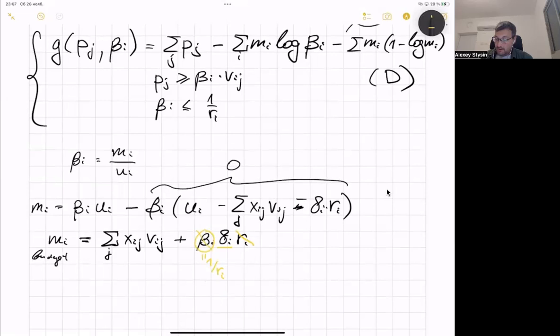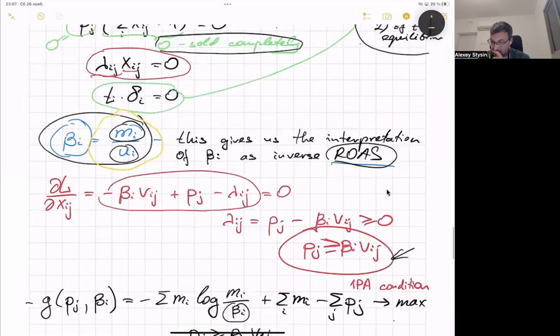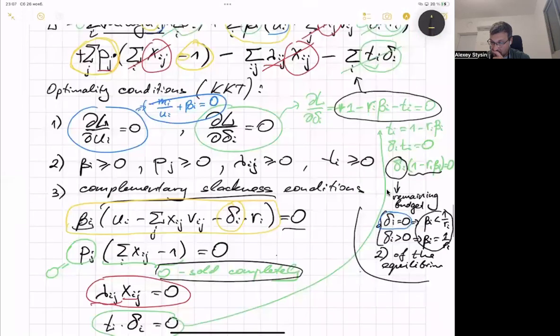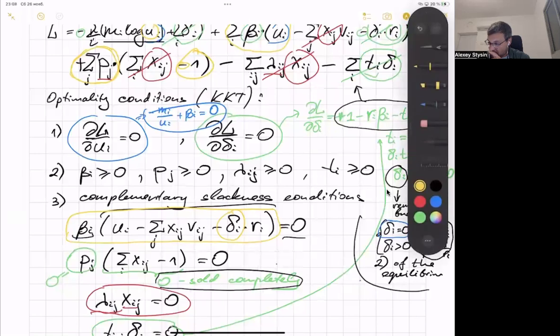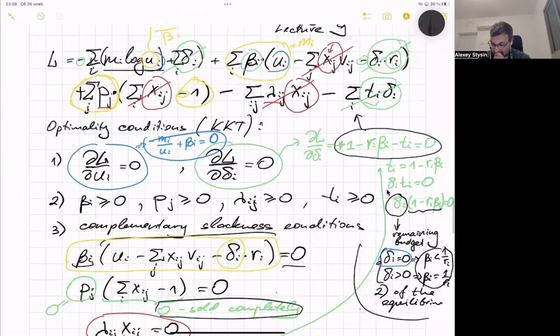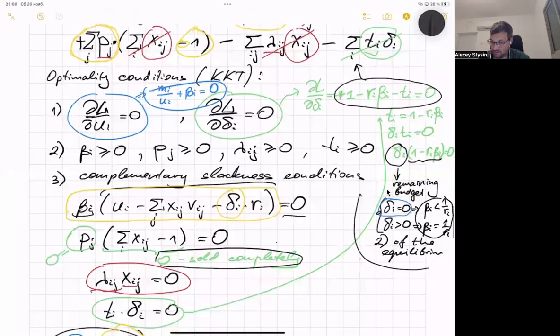We get that this is the sum. Okay, something is missing here. This should have been, okay, this should have been pj. It's correct.